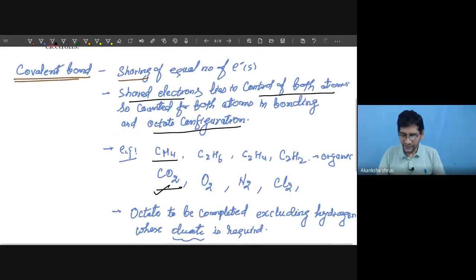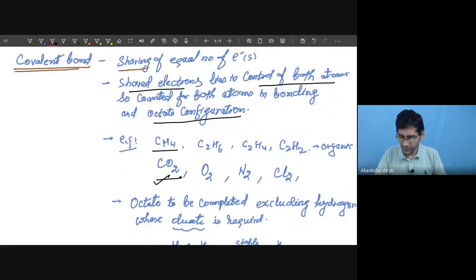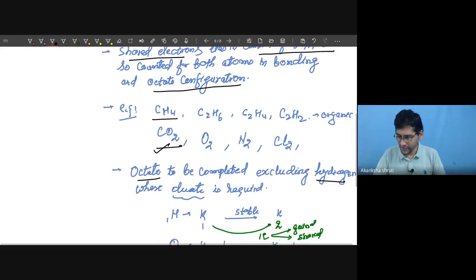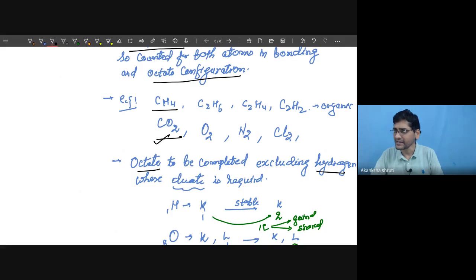Student, the ultimate purpose is to form their octet, but hydrogen, which contains only the K shell, has the capacity to accommodate only 2 electrons. So by getting 2 electrons in the K shell, the hydrogen becomes stable. These 2 electrons in the K shell for hydrogen can be achieved either by gaining 1 electron or by sharing 1 electron.